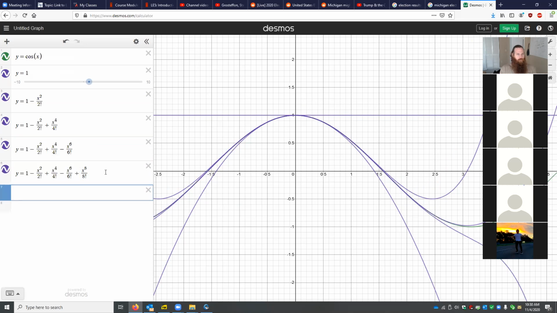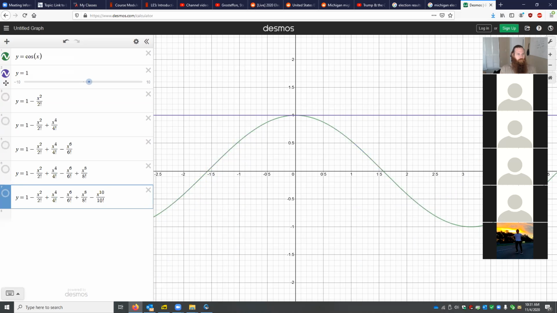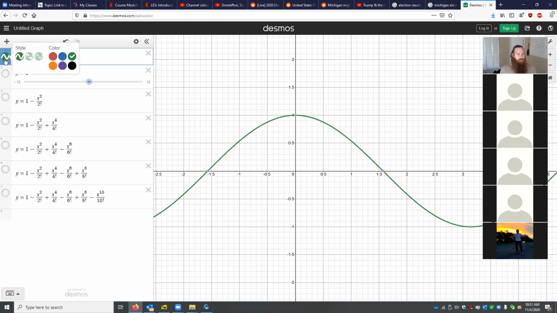And then we'll do one more. Minus x to the 10 over 10 factorial. Okay. So follow with me here. And change this green to a red. Let's make it stand out a little better.